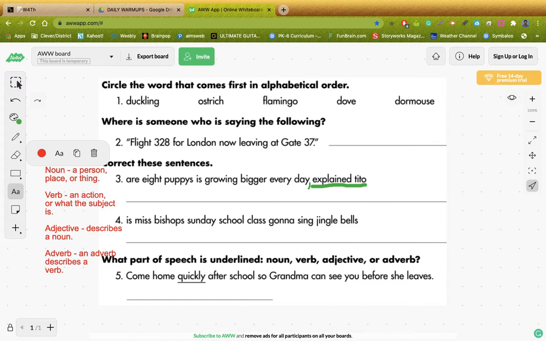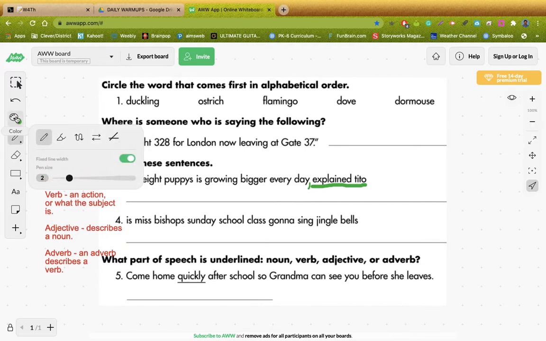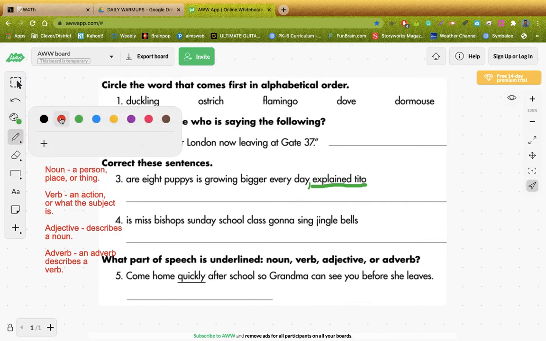So that would be the word that's describing the verb, because run is the action, which is the verb, and an adverb describes the verb. So if you look at this, in the word adverb, you see the word verb. I'm underlining that now. An adverb describes a verb. Okay.